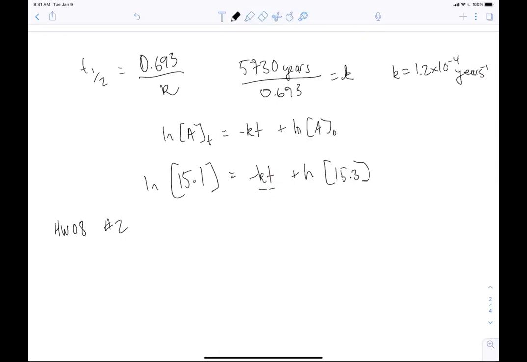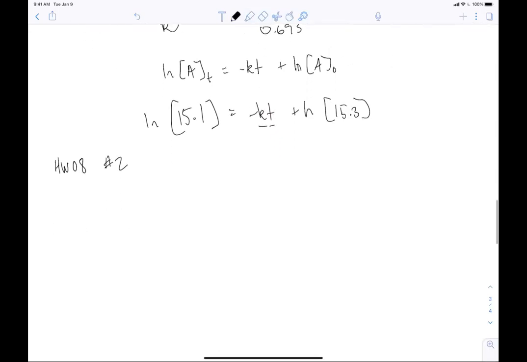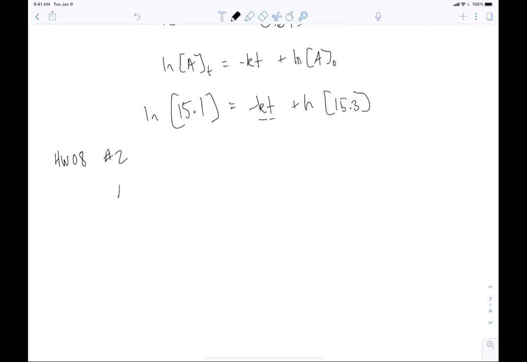Okay, so this problem says we've got A plus 2B goes to C. A key thing about this is it says A and B react to form C according to the single step reaction below.